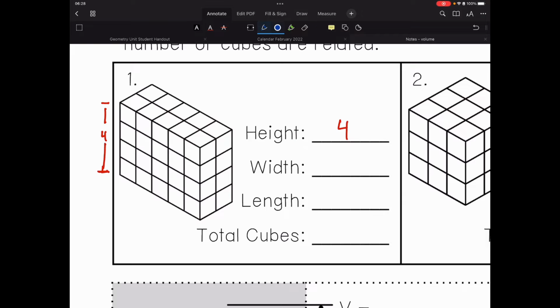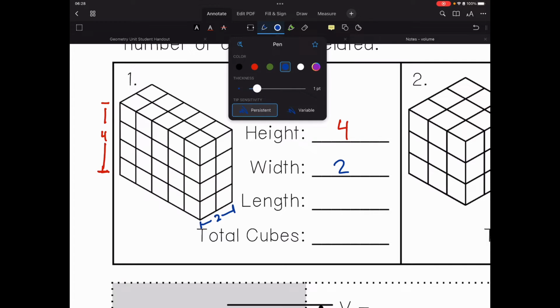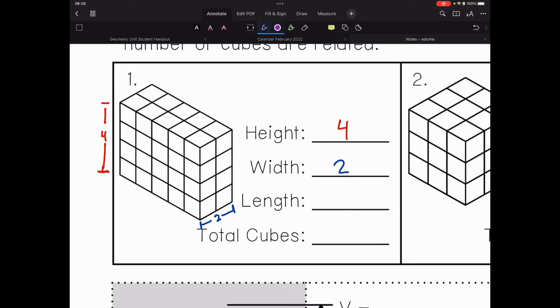The width would be this part right here. So this is 2 units. And length is always the longest side. So we've got from here to here, 1, 2, 3, 4, 5 units.